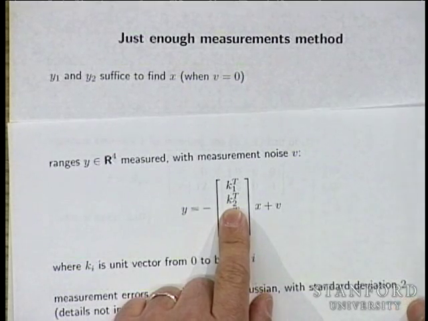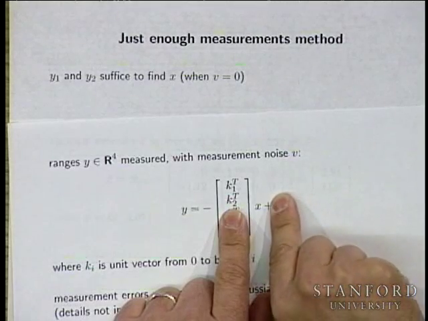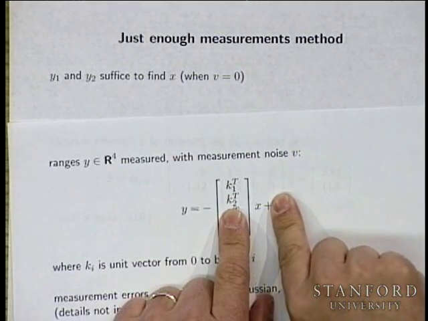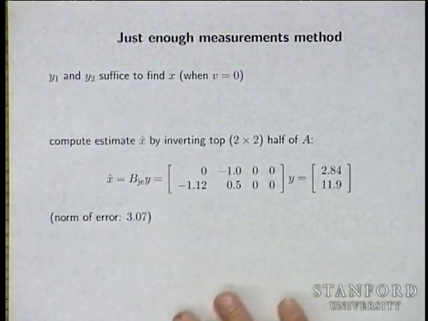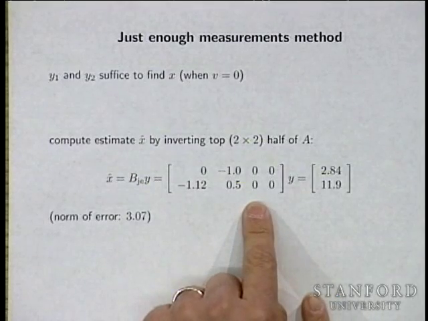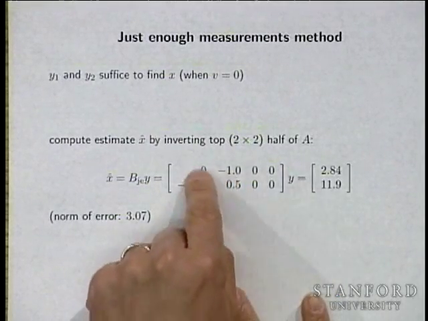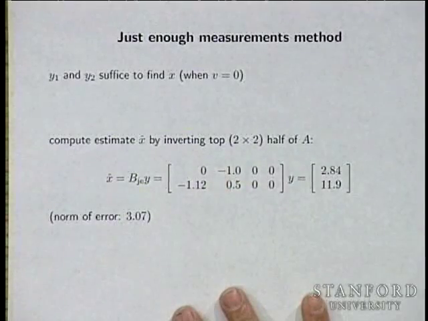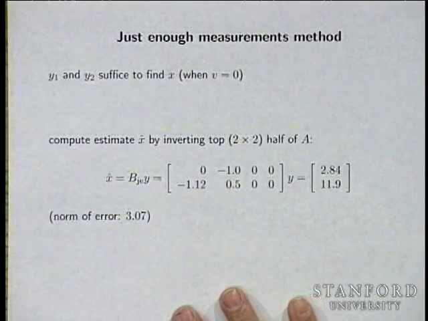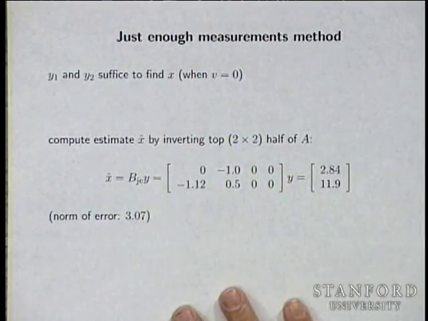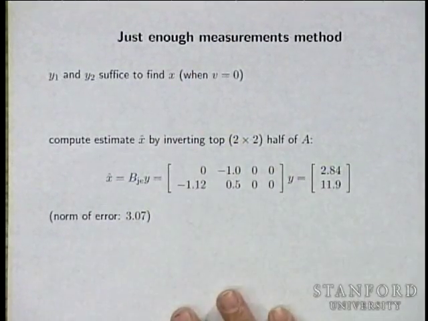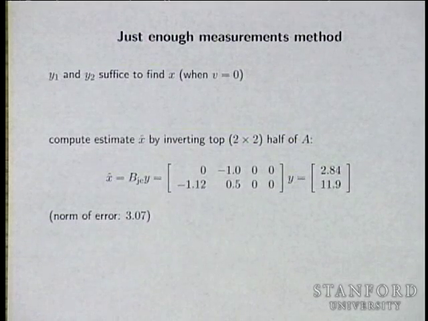That's how you get x, and that would exactly reconstruct x if there's no noise. So this method of inverting the top half and padding it out with zeros creates a left inverse. I didn't give you A, but had I given you A, you could multiply this thing by A and you would get the identity. It's a left inverse, and a left inverse means it will reconstruct perfectly if there's no noise.